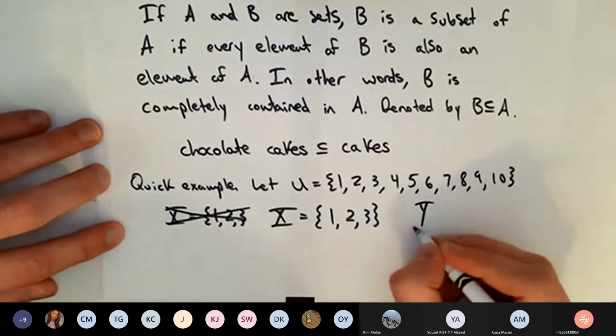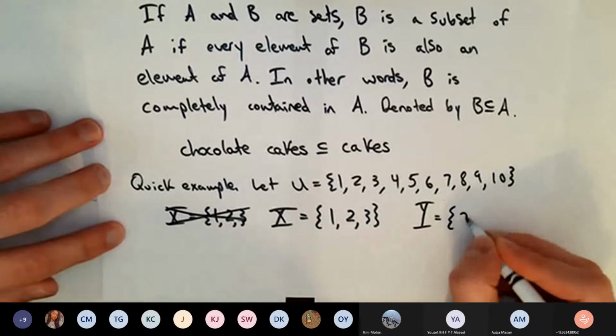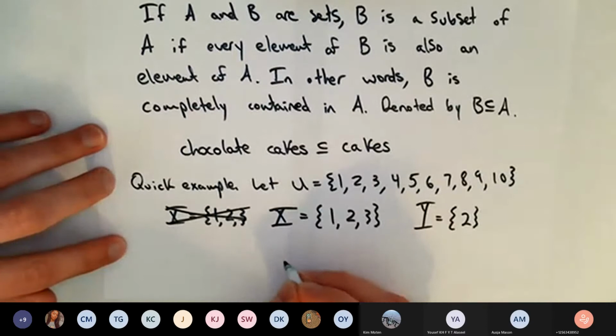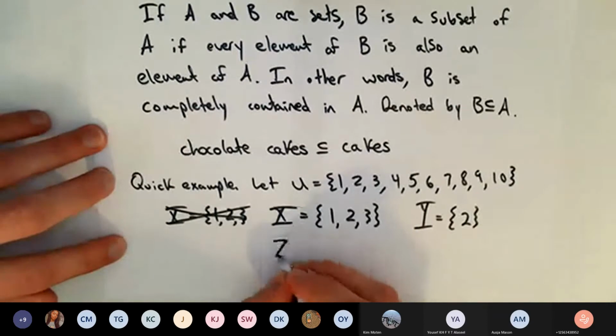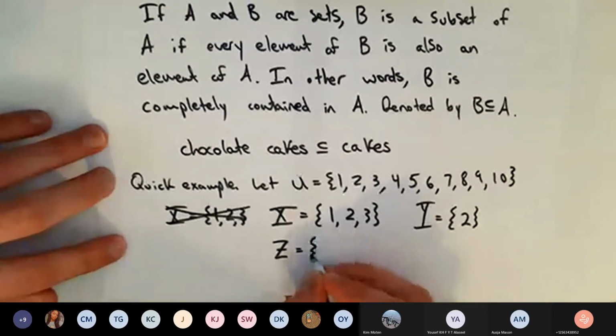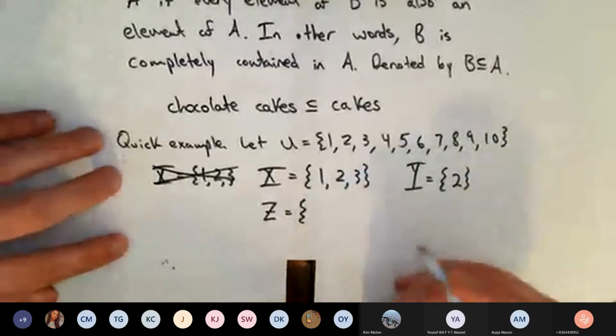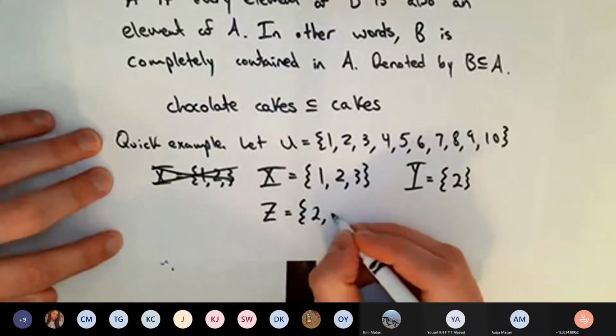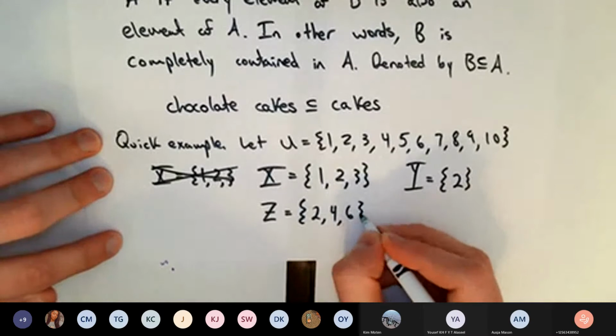And let Y be the set 2. And let Z be the set 2, 4, and 6.